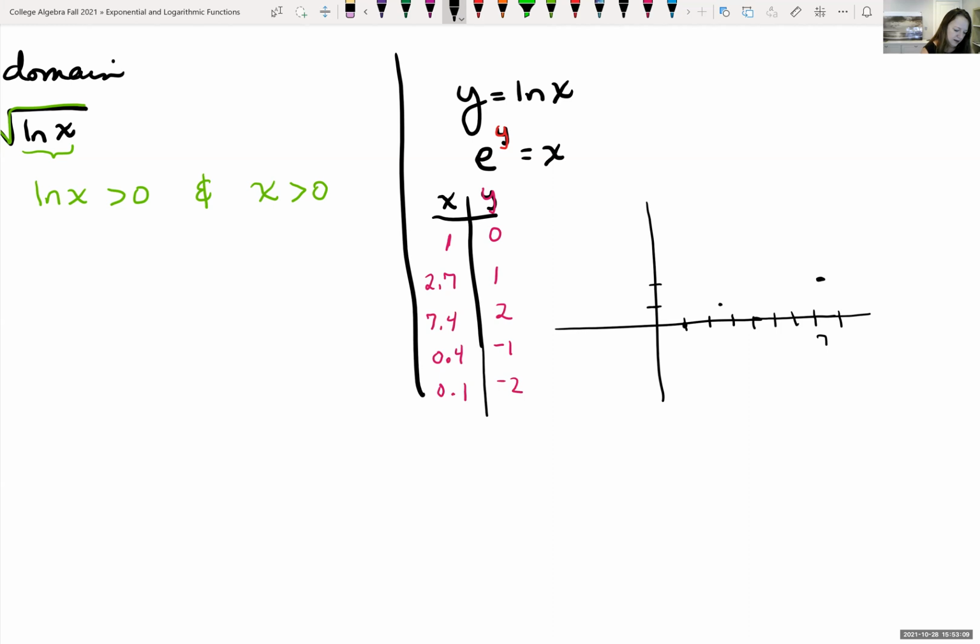At 0.4 we have -1. So just estimate. At 0.1 we have -2. And so we get this graph that looks like this.